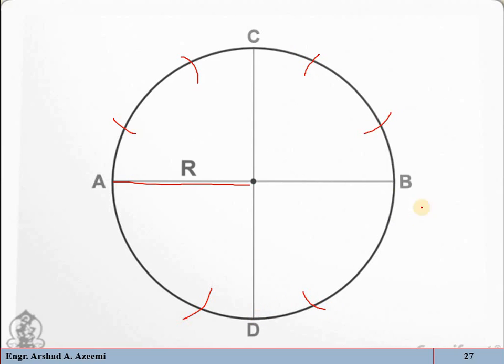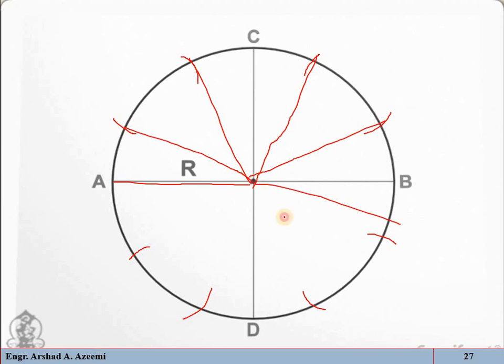With center D and that same radius, mark here a point and mark here a point. When you join these with the center, the circle is divided into 12 equal parts. So again, this is a graphical method of how a circle will be divided into 12 equal parts.